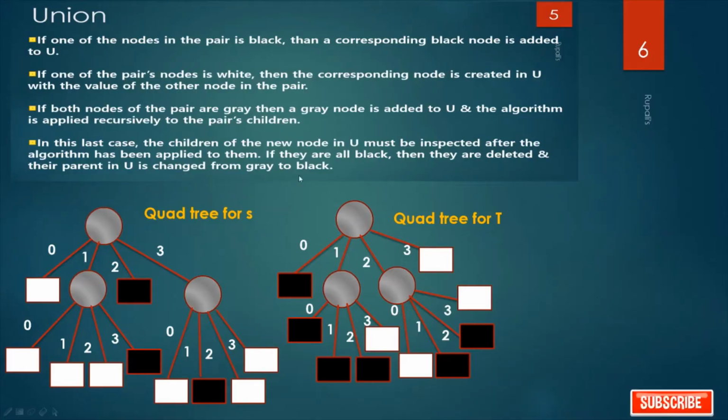So compare the roots of these two trees. This one is grey, this one is grey, so you have to add a grey node. Now compare 0 and 0. This one is white and this one is black. If one of the nodes in the pair is black, then a corresponding black node is added to U. So add black here.